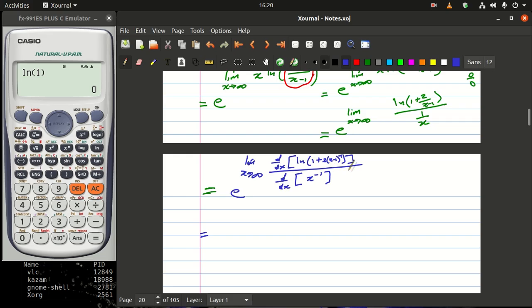Because you can see that instead of having an x here, whereby if we had x, the derivative of ln of x would be just 1 over x, and then we'd be able to deal with it.